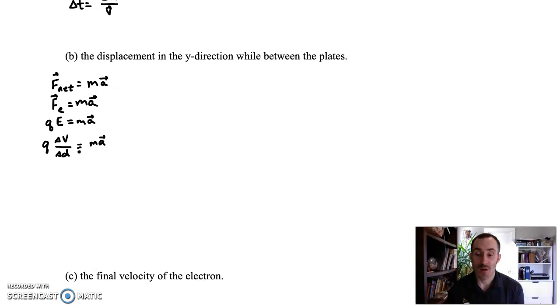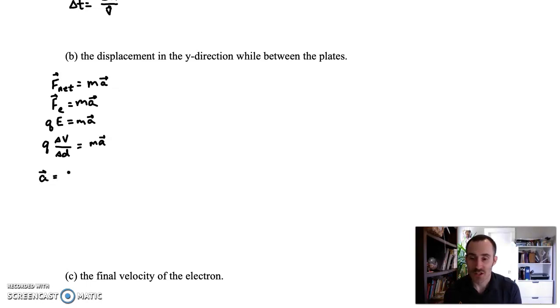Now we actually have all these things. We have the charge, it's 1 electron. We have the voltage between the two plates. We have the separation of the plates, and we have the mass of an electron.